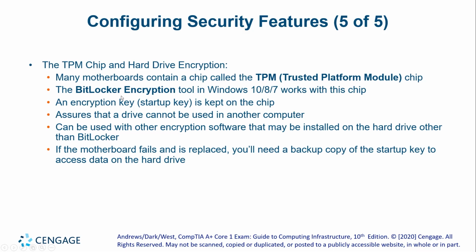BitLocker encryption allows you to encrypt the entire hard drive, and essentially it's unbreakable encryption, so once it's encrypted you don't have to worry about someone stealing your hard drive and getting your data off of it. It assures that the drive cannot be used in another computer. It will not work and you can't break the encryption. It can only be used with other encryption software that may be installed on the hard drive other than BitLocker. If the motherboard fails and is replaced, you're going to need a backup copy of the key to access the data on the hard drive, otherwise your data is lost.